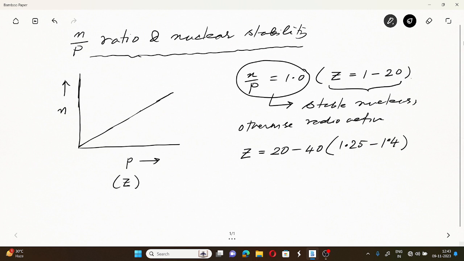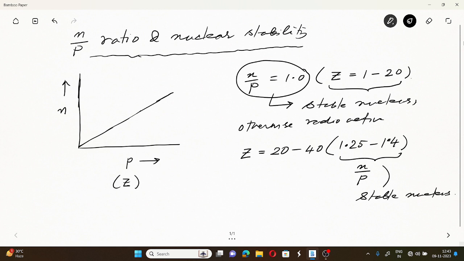There are exceptions. This is the stability zone. That means if this is the value of N by P ratio, that will represent a stable nucleus. Stable nucleus means it will not be radioactive.